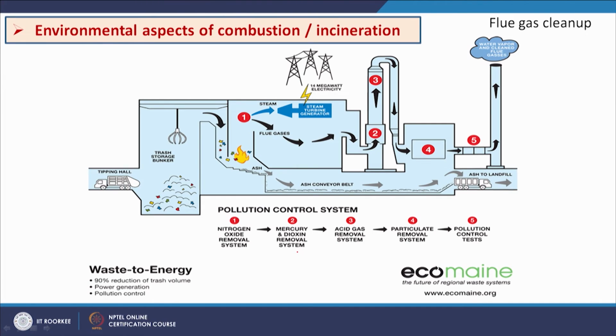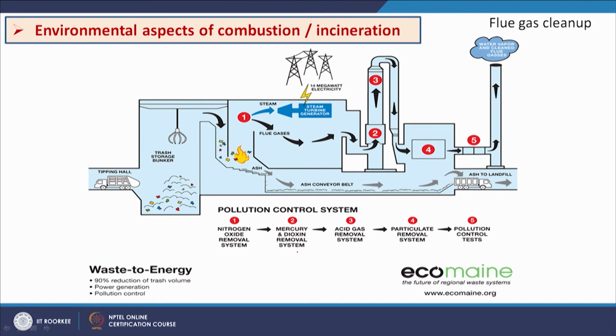Now, we will see the flue gas clean up. Once the flue gas is generated and heat is recovered from it, then steam is produced and then the flue gas is going to the environment. So, we need to clean it so that it will not release any pollution to the environment.